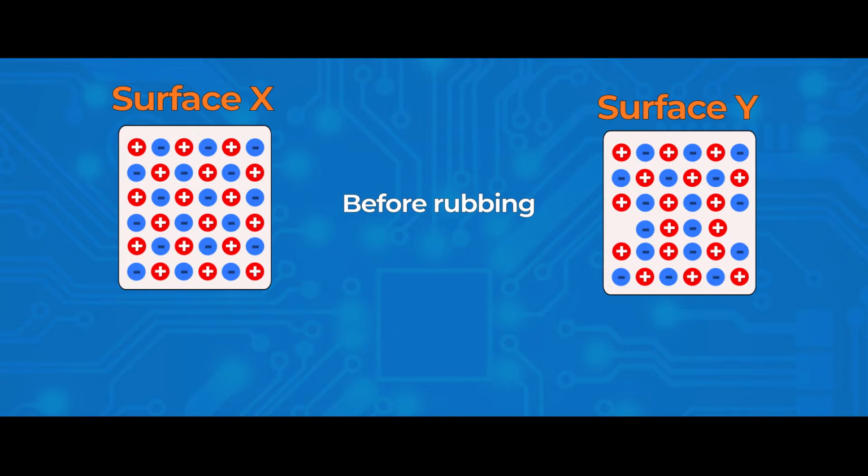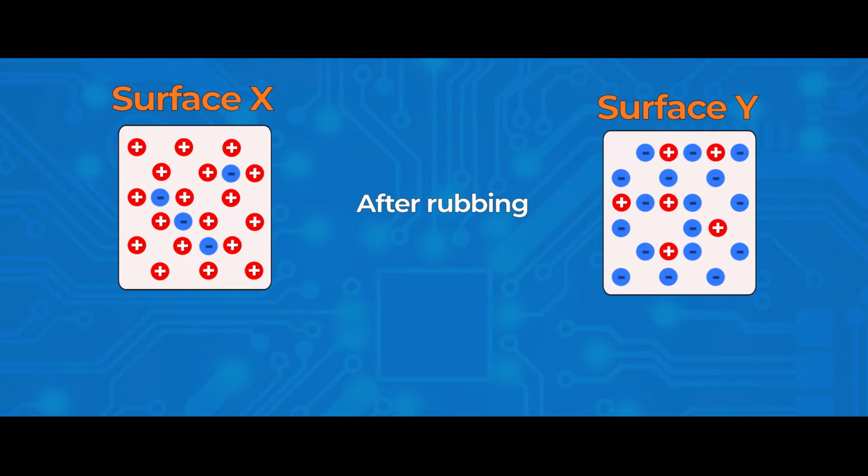But if you rub, in the case of the comb rubbing the dry hair, after rubbing, you see that on one body, in the case of the comb here, surface Y is the comb.